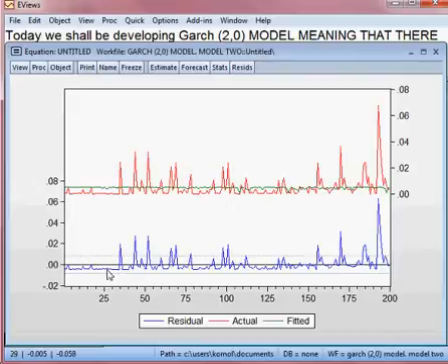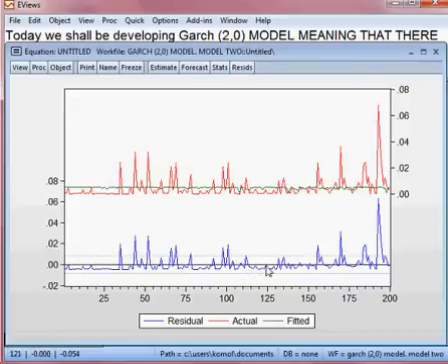But from 30 days until about 100 days, a period of high volatility is followed by a period of high volatility for a prolonged period.